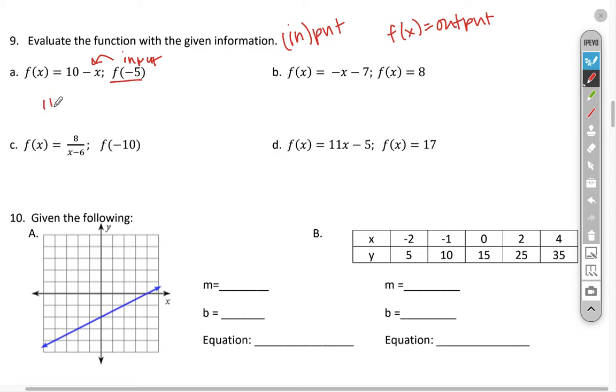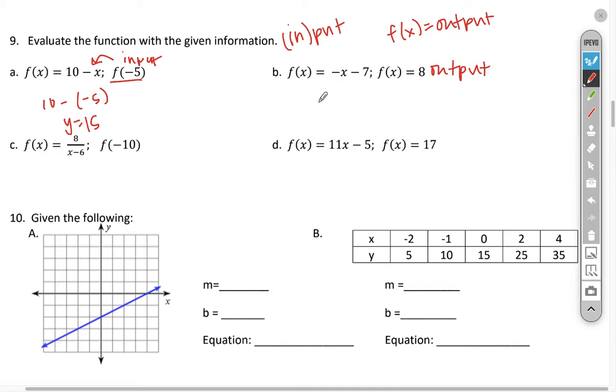So f of negative 5 is inside parentheses. This is an input. So we're going to plug it in for x. So we've got 10 minus negative 5. This is really going to be 10 plus 5 because a negative minus a negative is going to become a positive. So we have y equals 15. For b, we were given f of x equals 8. This is outside of the parentheses. This is an output.